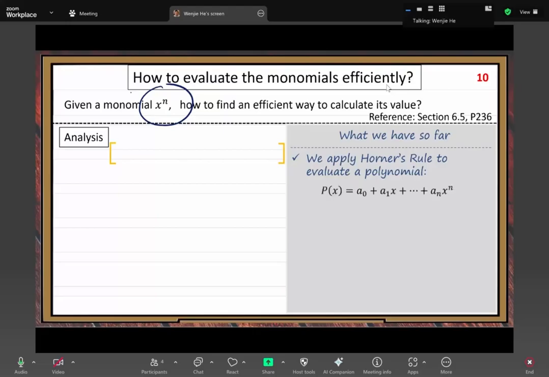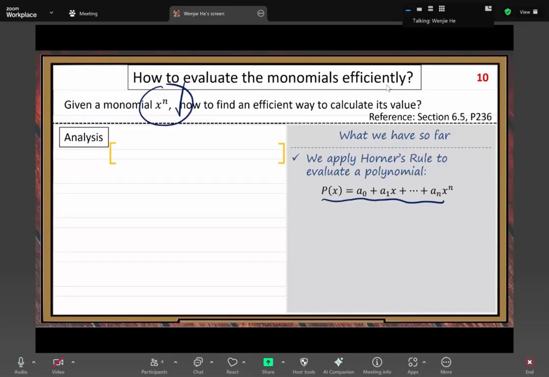Because the reason you can do much better with Horner's rule is that you apply it on the general formula, not the special monomial. For a special monomial, Horner's rule cannot improve the overall efficiency.